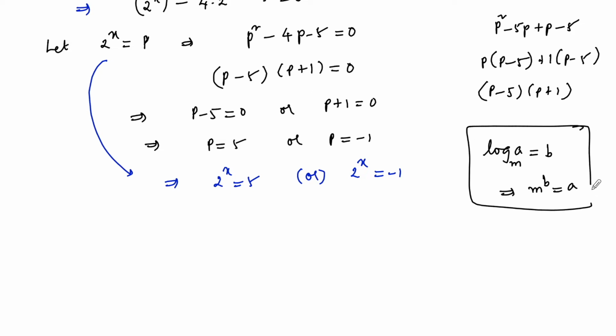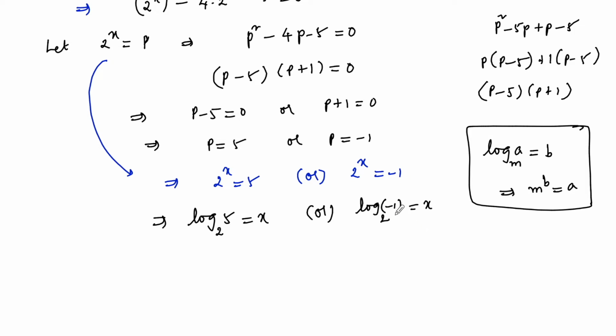So 2 power x is equal to 5, we can write it as log 5 to the base 2 is equal to x. And here we can write log of negative 1 to the base 2 is equal to x.